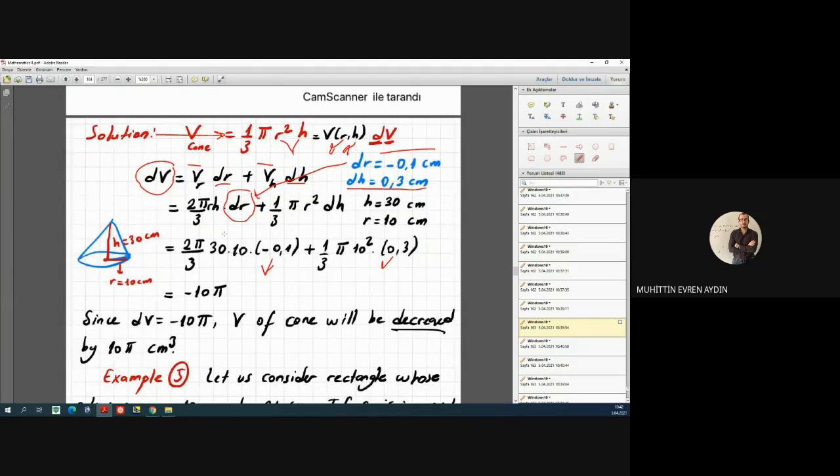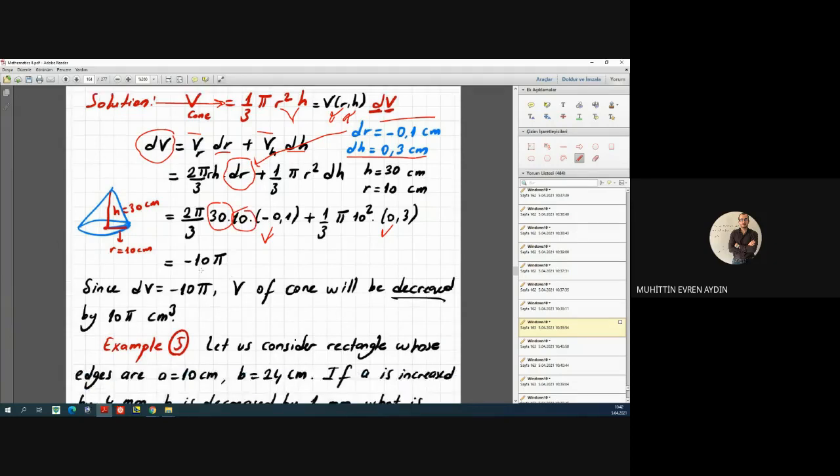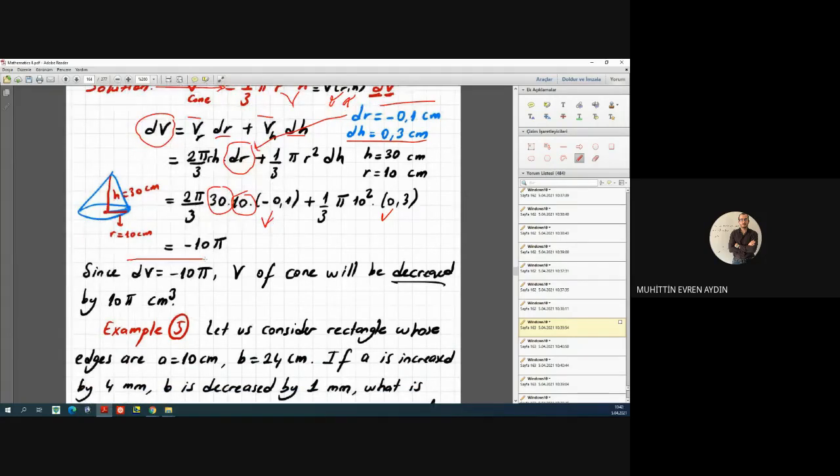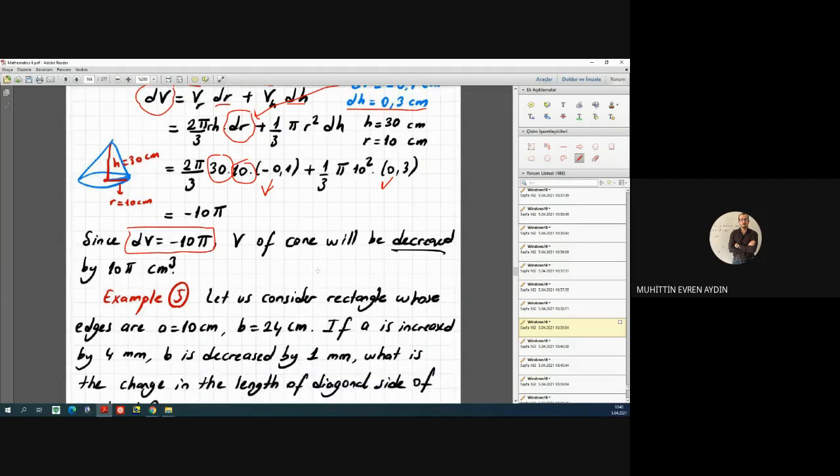Also, we replace h with 30 and r with 10, then we obtain minus 10 pi. So the total differential is minus 10 pi, which means that the volume of the cone will be approximately decreased by 10 pi cubic centimeters.